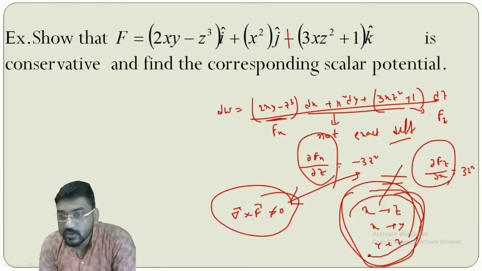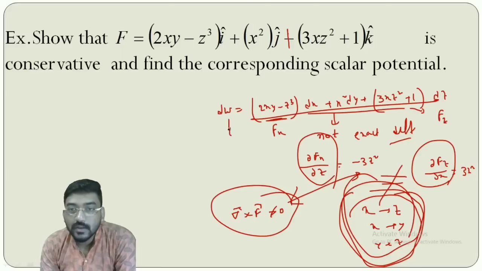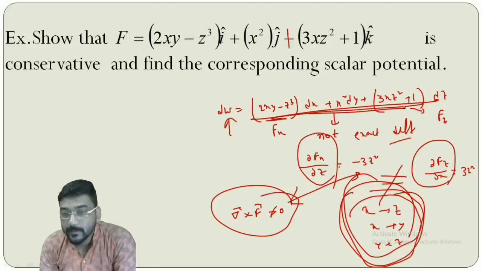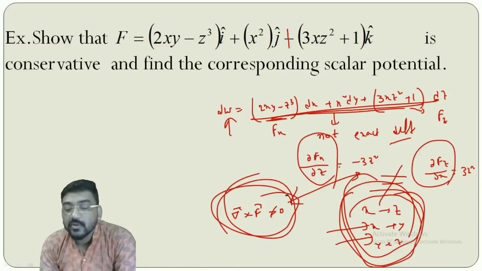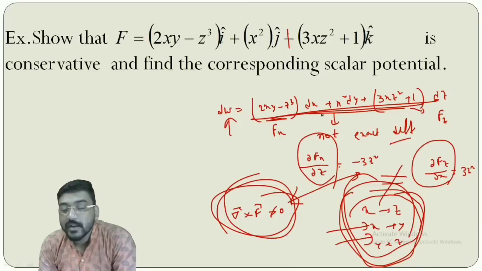If this reciprocity theorem between these variables holds good, then you can say that dw is an exact differential, and that will only happen if curl of f is equal to 0. So this is how we can understand the conservative and non-conservative force, potential, and exact differential.